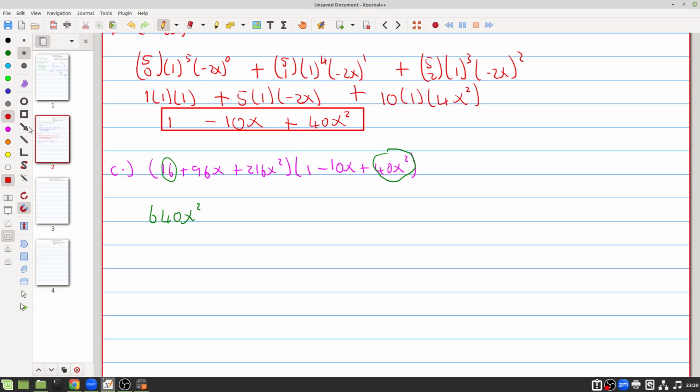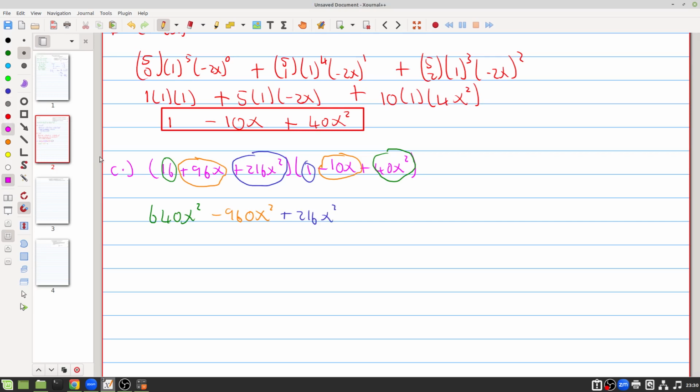Then let's do these ones. So we've got 96x times negative 10x. Okay, that's going to be negative 960x squared. And let's do a blue one for the last one. So if we take this times this, that's also going to be an x squared term. So plus 216x squared.